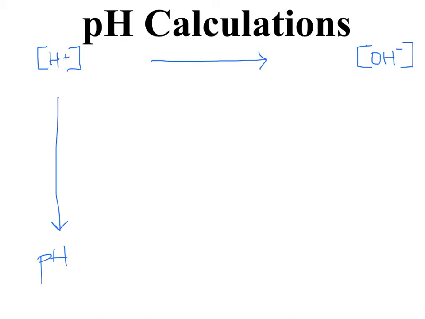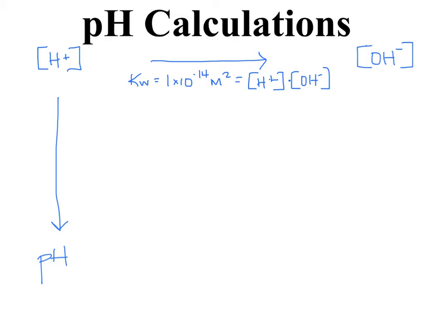If I'm going from H to OH, I'm going to use this. The Kw is equal to 1 times 10 to the negative 14th molarity squared, which is equal to the hydrogen times the hydroxide concentration.